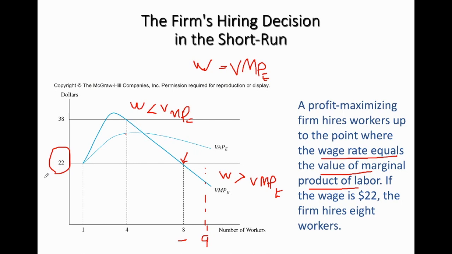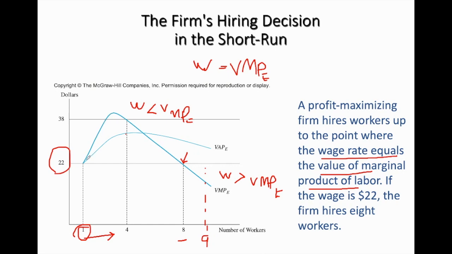So now let's go back to the wage rate equal to $22. We have made the analysis earlier that the optimal number of workers for the firm to hire is up until 8 workers. What about this point, where the firm stops hiring at 1 worker? That's not the case because as the firm keeps hiring more workers from this point onward, notice that the value of marginal product keeps increasing.